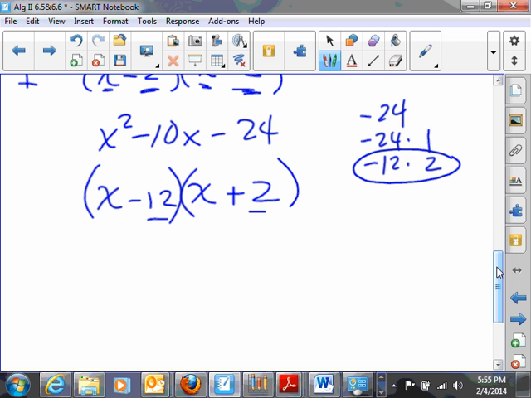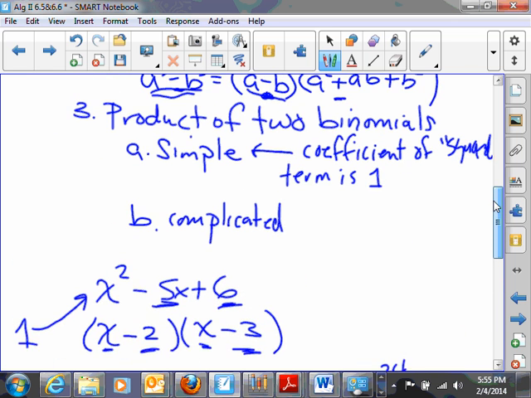Okay, so if you have a 1 as the coefficient of your x squared, then all that is required is to find the factor pair that multiply to give this last number and add to give this middle number, paying attention to the signs, of course.